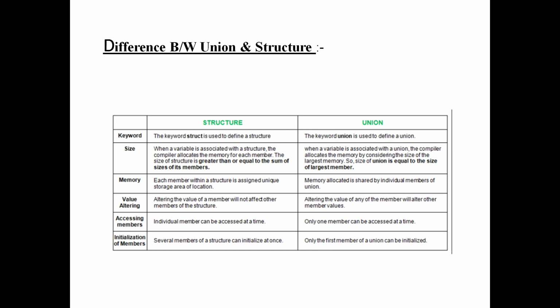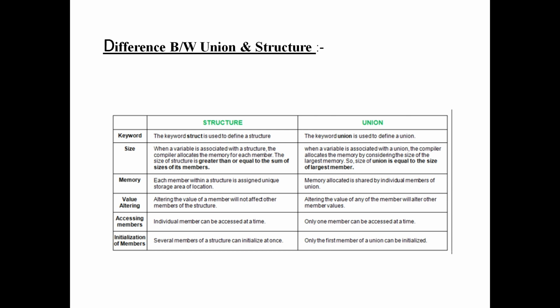The size of a structure is greater than or equal to the sum of the sizes of its members. Whereas in unions, when a variable is associated with a union, the compiler allocates memory by considering the size of the largest member. So the size of a union is equal to the size of its largest member.